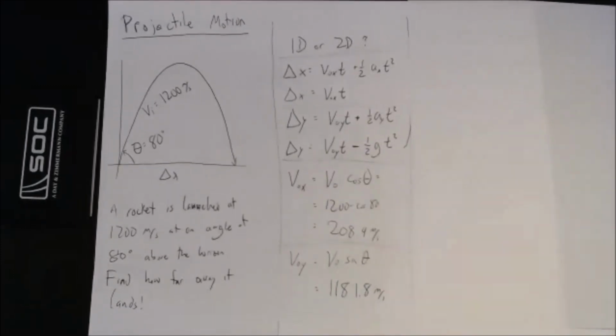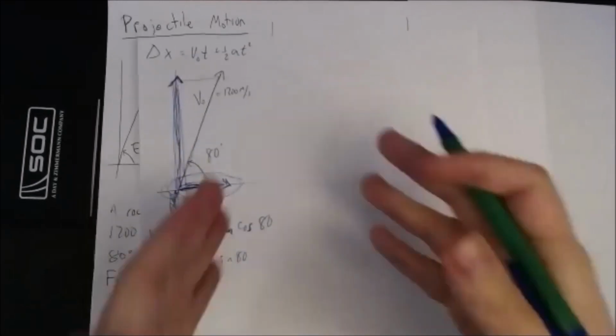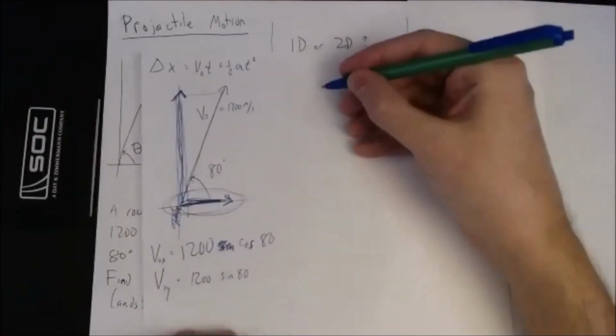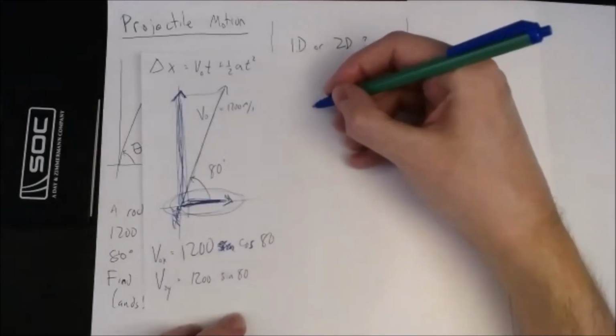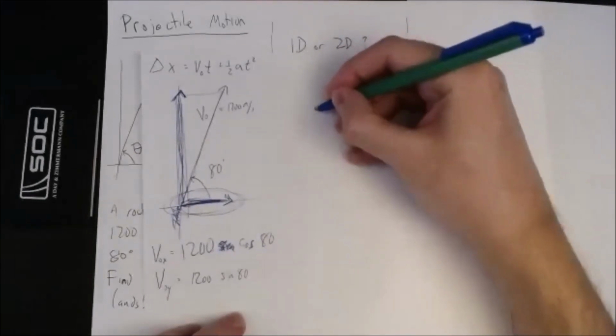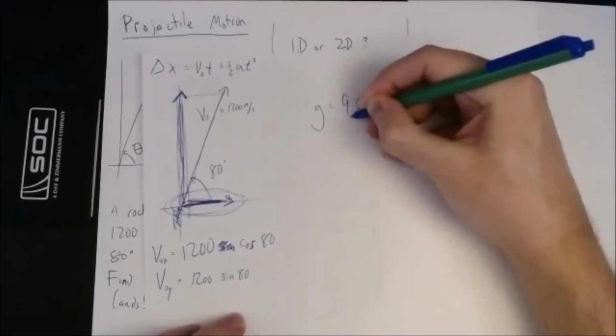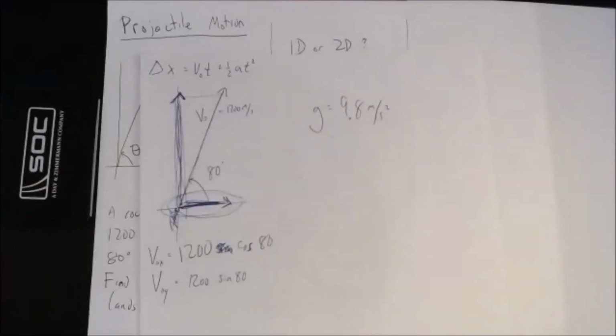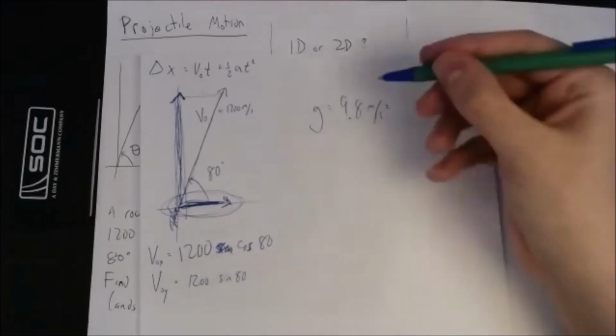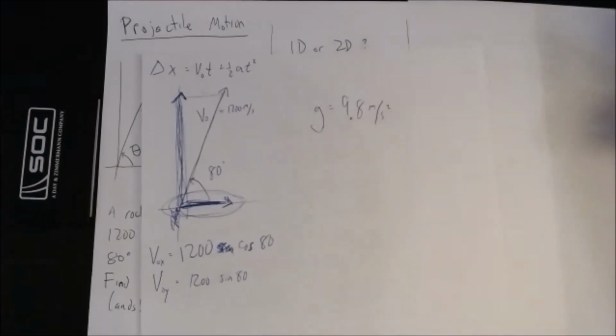Oh, I do have a question from Paul. Why is g negative? This is a good piece of paper to work on this random extra stuff on, so this works. We define g to be 9.8 meters per second squared. Like we say, g is equal to that. We don't put a negative on it there.